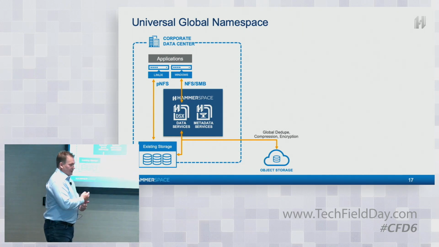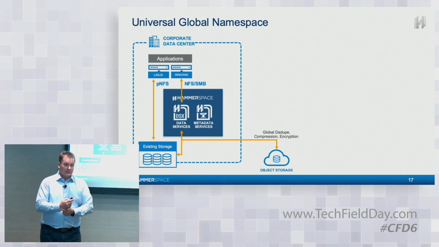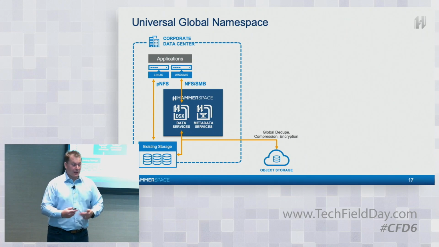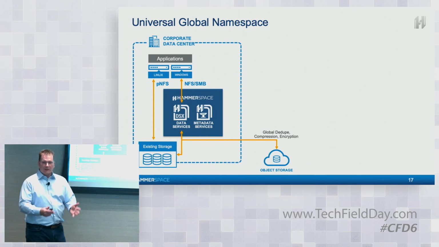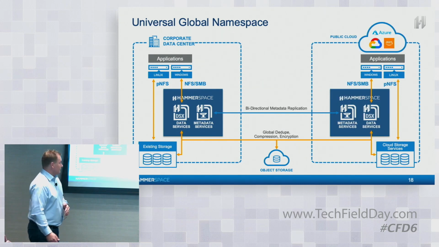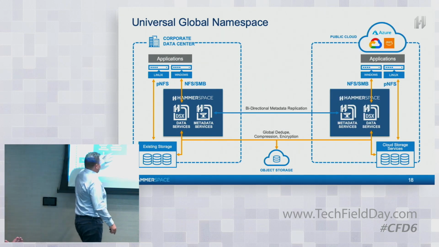We also implemented compression, global deduplication, and also encryption with customer key management solutions. So we don't have our own. We intentionally did not have our own at this point, because it takes away from the fact that we would own the keys to the data, and that's not the point. The point is that the customer wants to own their own keys to the data, especially when it sits in the cloud. And I'll give you an example here in a minute on the customer doing that.